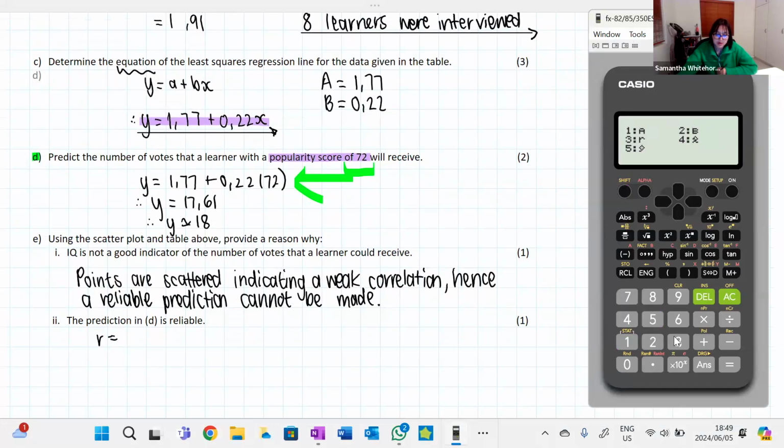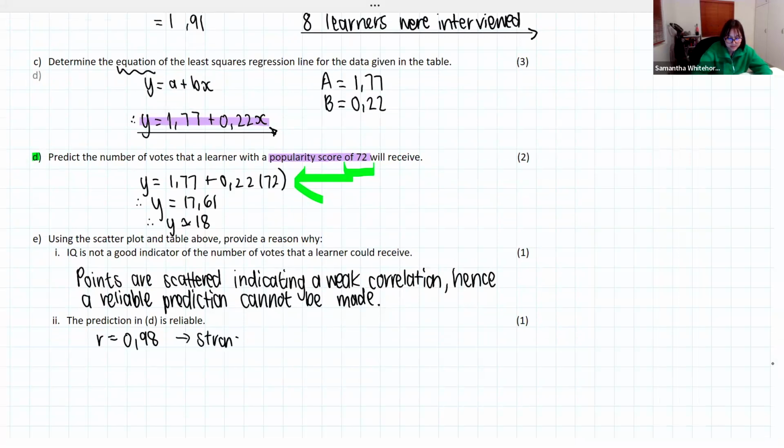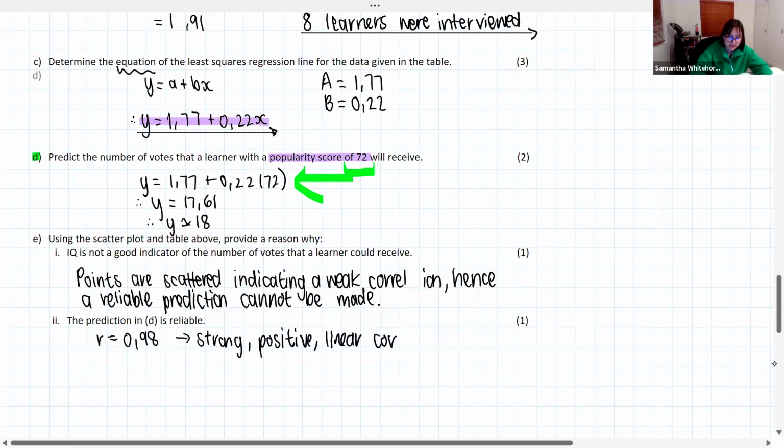And now we want the R value, the correlation coefficient, 0.98. That is a very, very strong positive correlation. And so what that means is any prediction that we make, or most predictions we make, I should say, are going to be reliable.